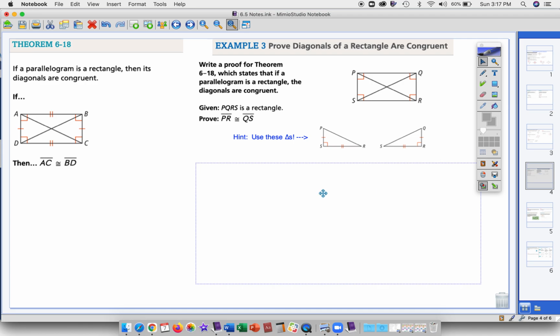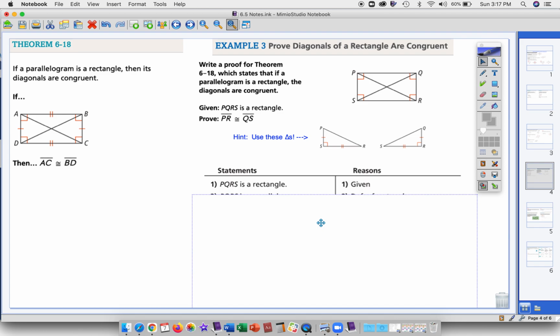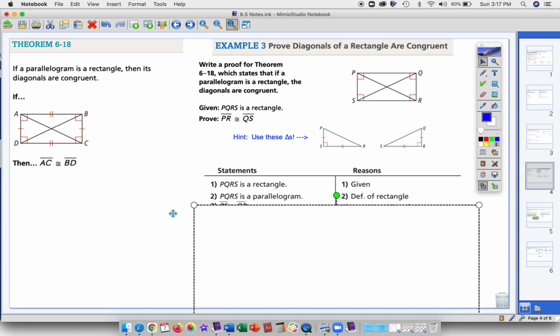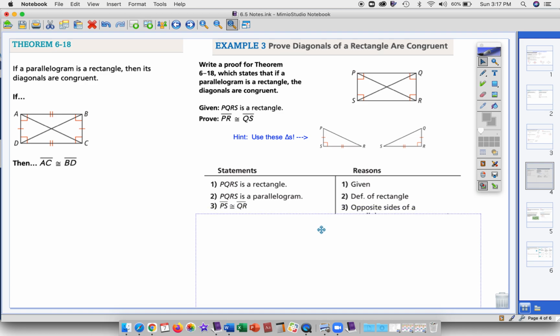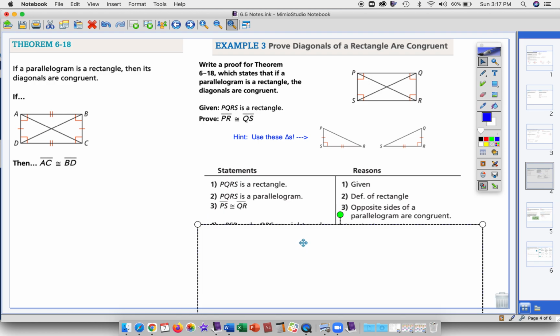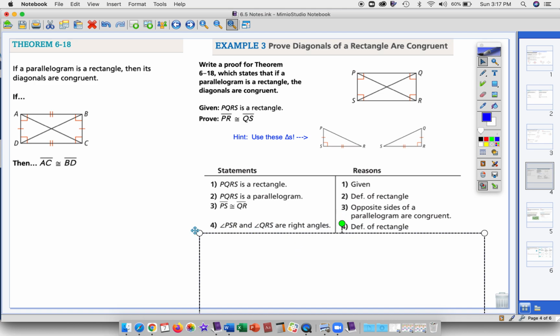Okay, let's see how you did. So we always start off with the given. We can say that PQRS is a parallelogram. And then we can state that PS is congruent to QR because they are opposite sides of a parallelogram. PSR and QRS are right angles. That's also by definition of a rectangle.